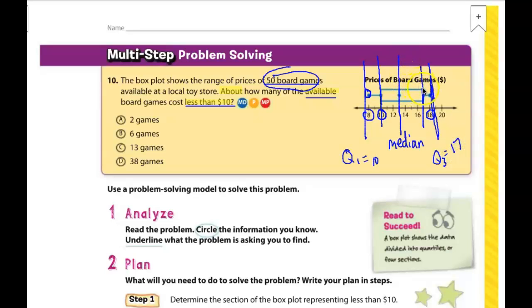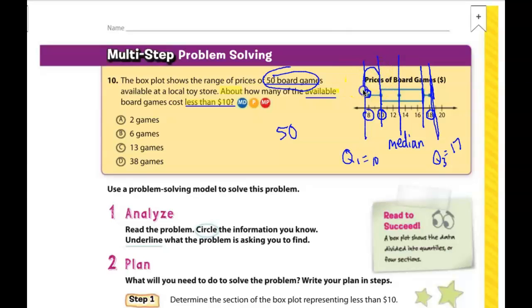Okay. So now here's what's interesting. Box and whisker plots cut the data into 4 pieces. And if we have 50 total games cut into 4 pieces, we want to know about how many are available that cost less than $10.